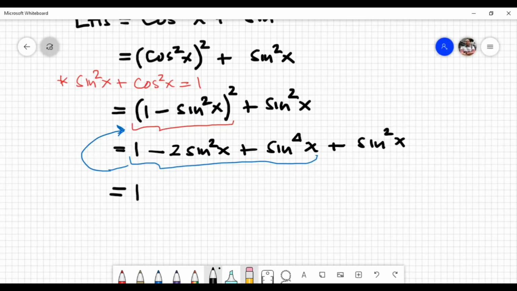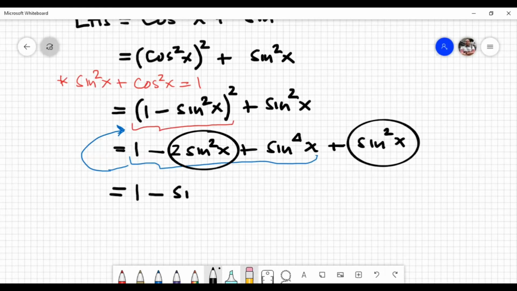Now look at this minus 2 sine square x and this sine square x. But notice the sign is very important. Negative 2 sine square x plus sine square x will give you, of course, negative sine square x. Plus sine to the power of 4x.